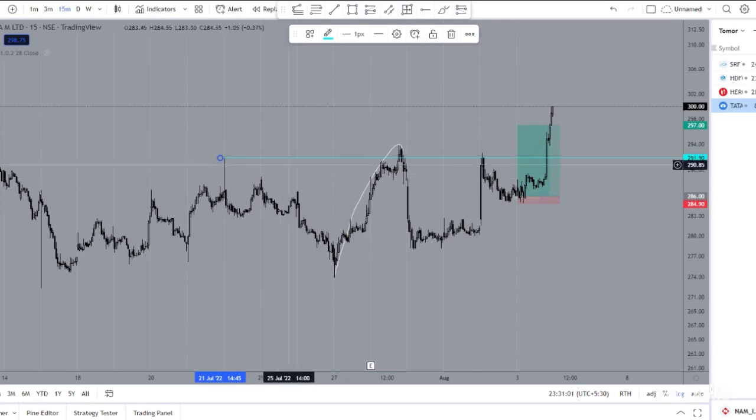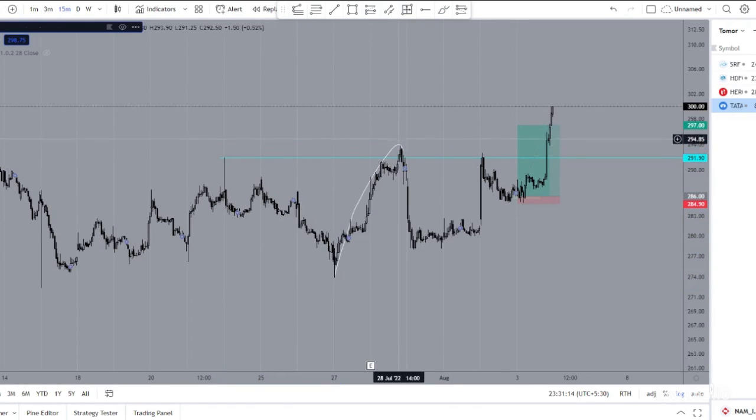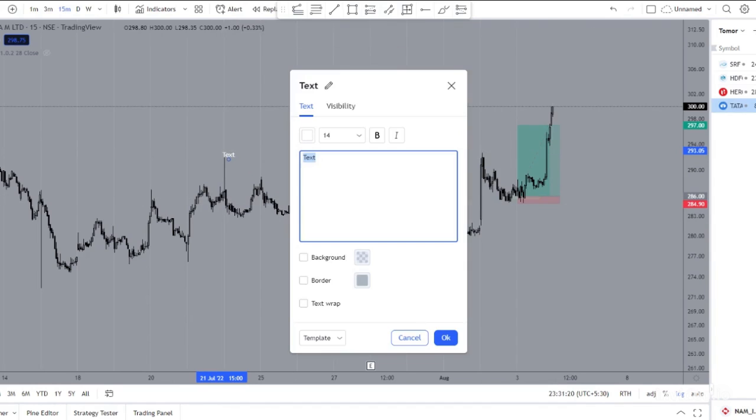You see, the stock has created a new structure low here in this swing. Let me mark down the swing highs and lows for you, which will be more helpful. So this was a new structure high. Sorry, new structure high that was created.